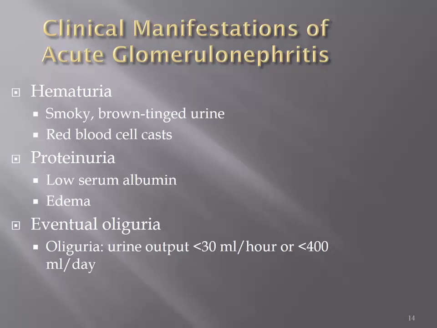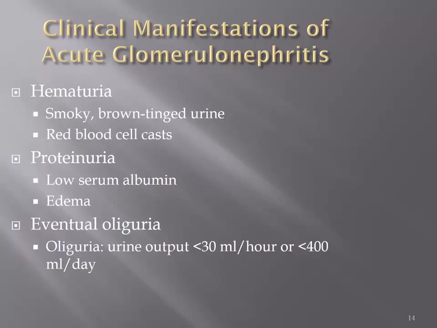In this case, you may see bloody tinged urine. It can be brown tinged, but it's definitely not hepatitis, cola, or Guinness beer color. This is more blood than bilirubin in the urine.